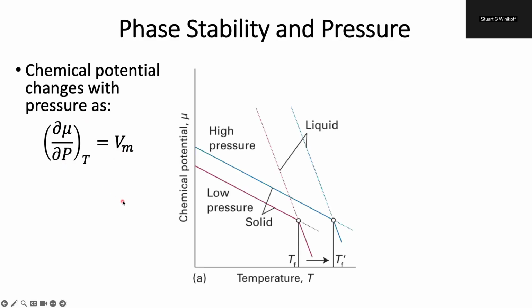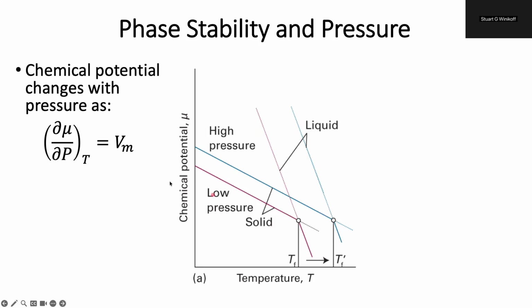So we can look at this by taking our transitions from last time. Last time we looked at how, as I increase the temperature for a solid, the energy goes down, and then eventually the liquid undercuts it. But as I add pressure, everybody's line is going to go up. So the solid will become less stable and the liquid will become less stable. So both those lines will shift vertically.